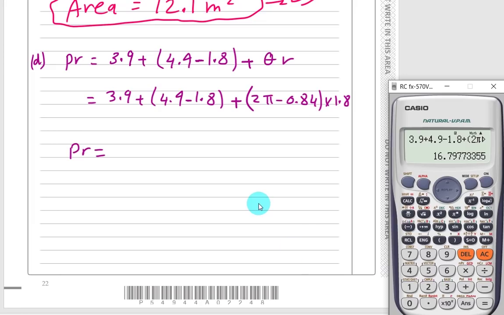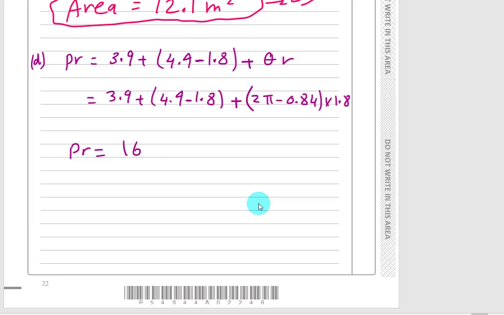So it will equal 16.797. So to 1 decimal place, 16.8 meters. And this is your answer.